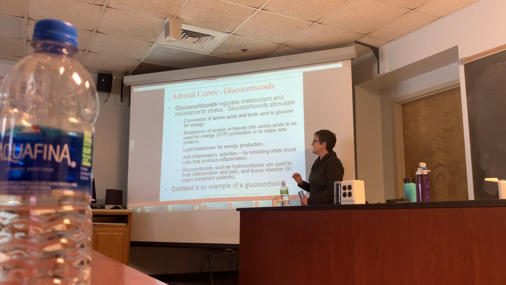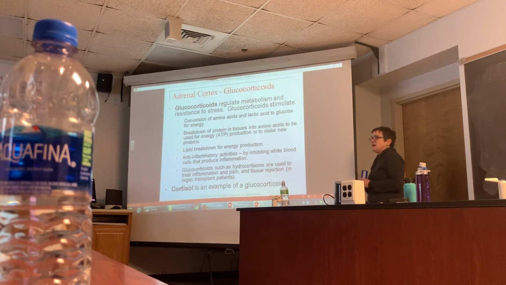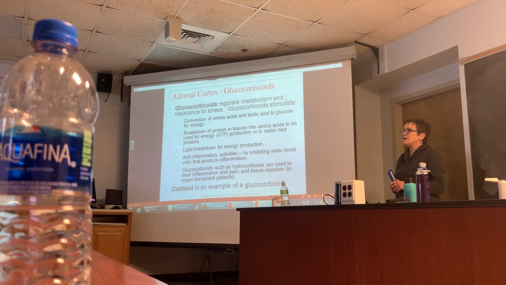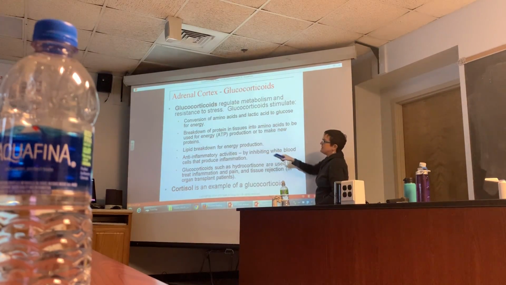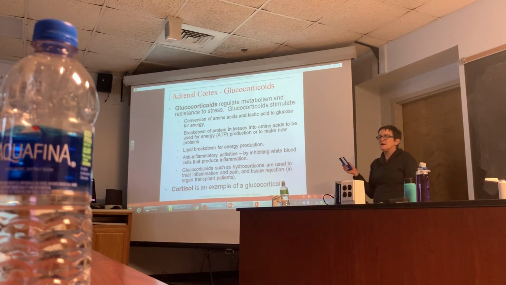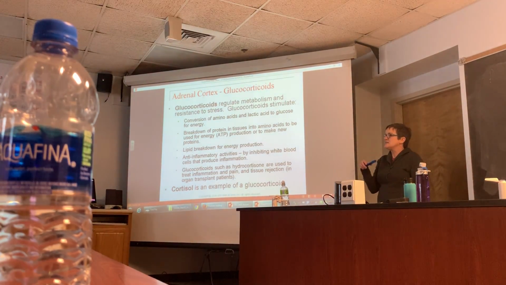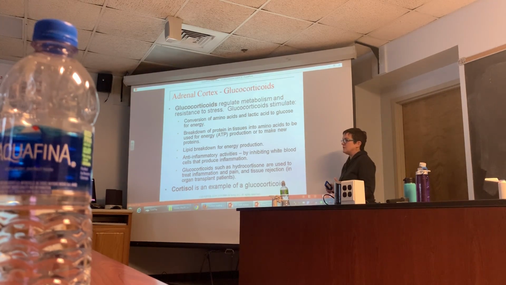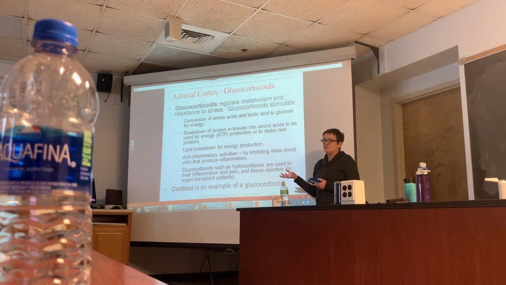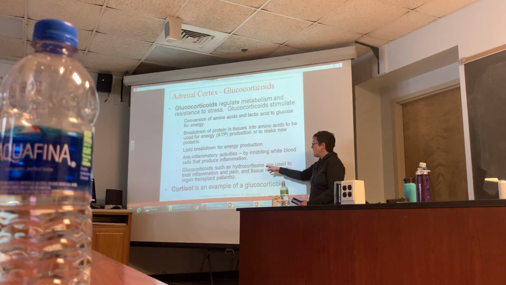For example, anti-inflammatory activities. These glucocorticoids not only affect glucose and other nutrient metabolism, they also inhibit white blood cells and suppress inflammation. Because glucocorticoids are good at limiting or slowing down the inflammatory response that sometimes happens when you have an infection, they are used for treating inflammation, like hydrocortisone.